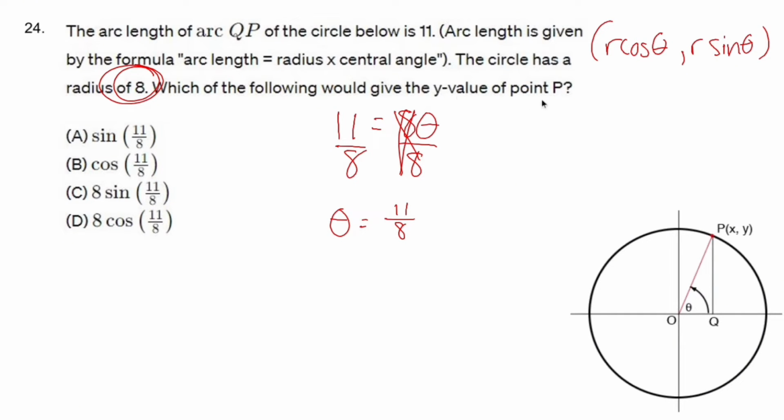Now, the y value is going to be sine, so we need to find r sine theta. r is 8, sine is sine, theta is 11 over 8. Our answer is C. So kind of a unique problem. You have to remember what the arc length is, which not everybody does. It's radius times central angle, and then the rest is up to you. Power is yours, Captain Planet. Hope this helps.